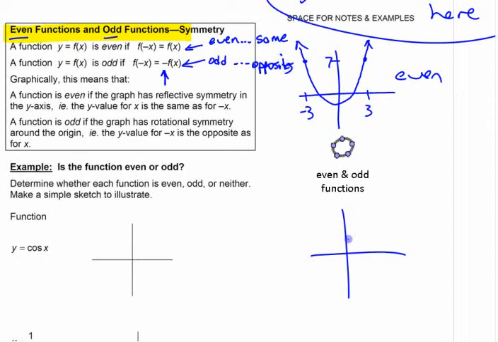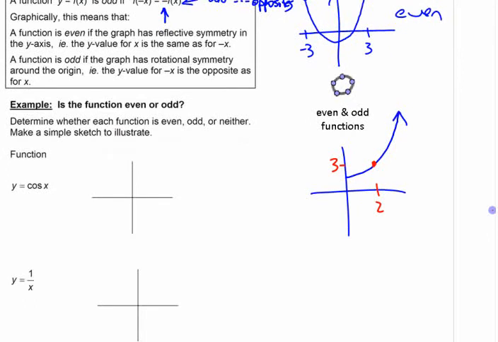So if you drew that, if you had some piece up here, pick a point here, 2, let's say it's 3. If this is going to be odd, then the value at negative 2 has to be negative 3. It has to be down here somewhere. So if I was going to draw this so it's odd, it's going to look something like this.